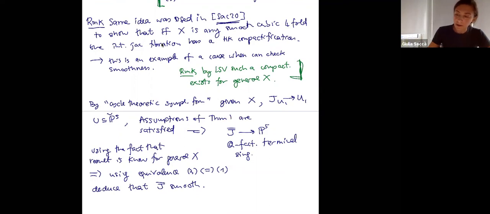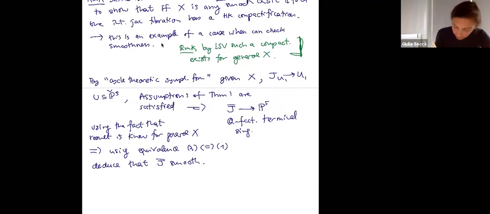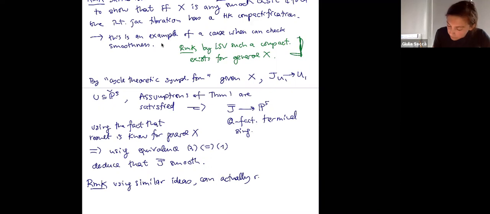I should write a remark that, in fact, but I am not going to prove it, using similar ideas you can reprove the result of LSV without actually assuming it.